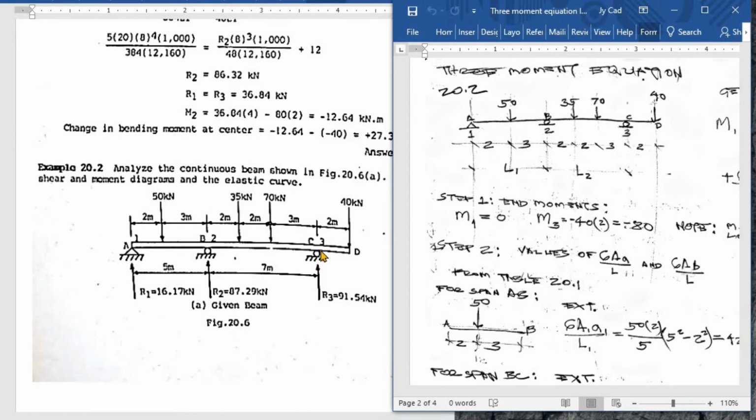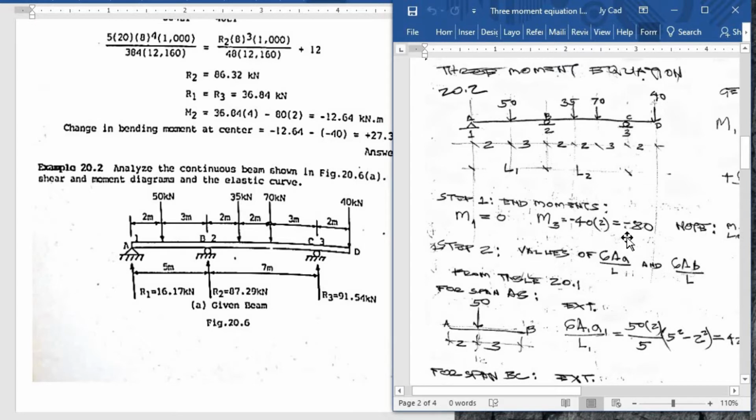cantilever sa dulo. Okay? Like example for this figure, yung end moment 3 is equal to negative 40 times 2. So, negative in the sense na downward siya. Okay, so irregardless of the direction ng rotation, basta downward, negative.